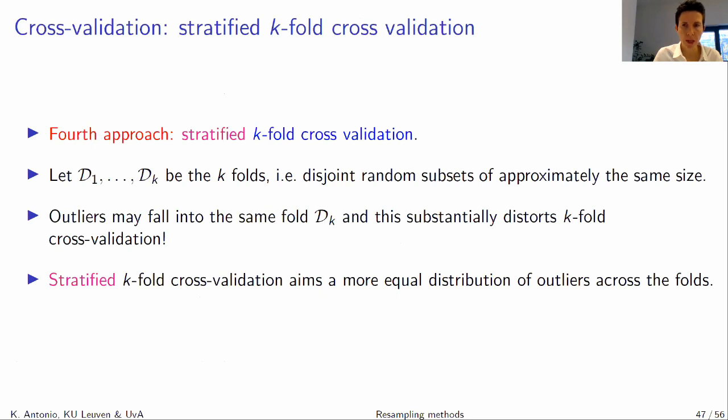A few extra words about cross-validation, but cross-validation with a little twist. This is also what we're going to use later on typically, and this is called stratified k-fold cross-validation. So I want to name it at this point.